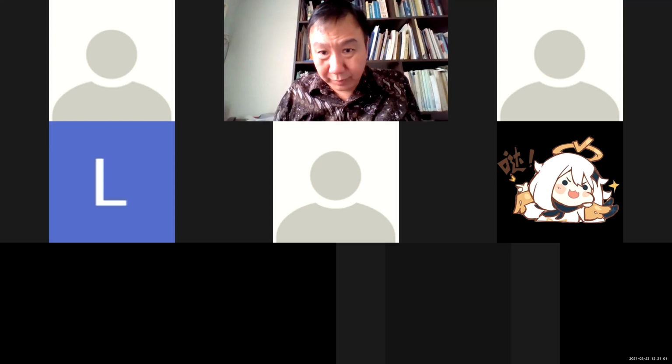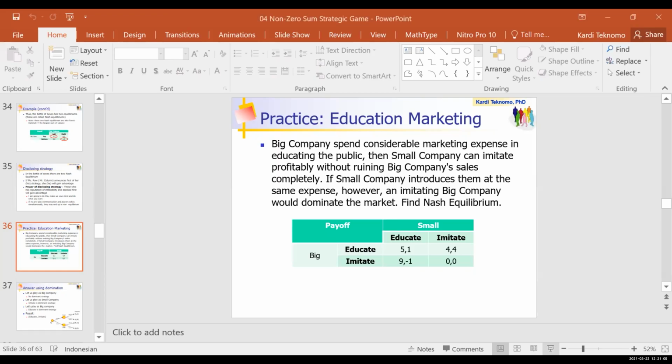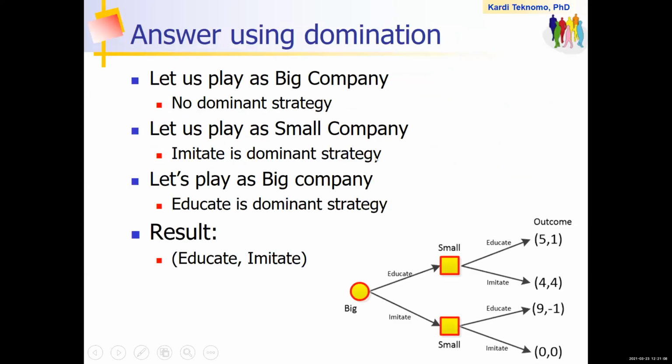Right. So look at the way I do it. If you can solve using iterative dominance, you do that first. No need to calculate Nash equilibrium first, okay?